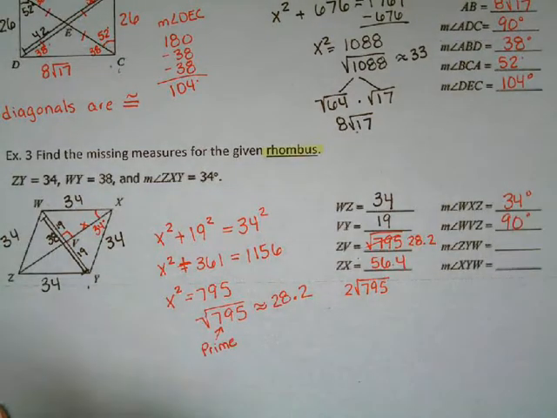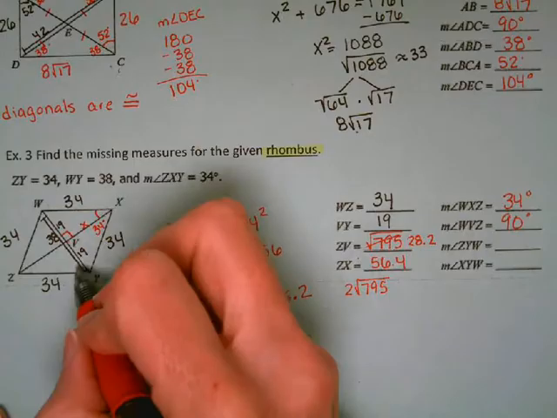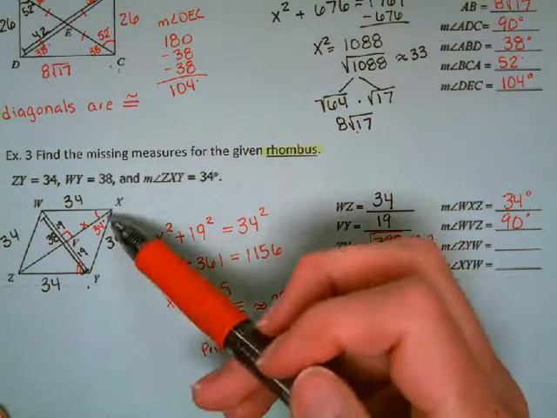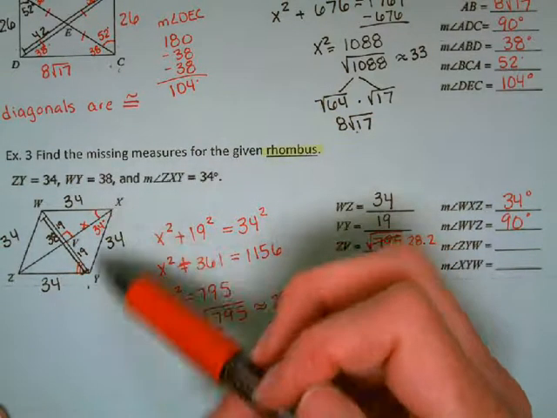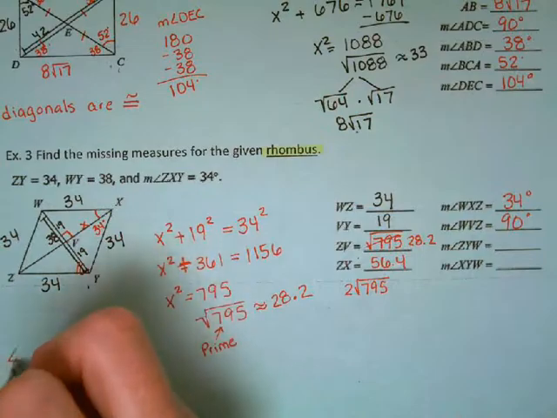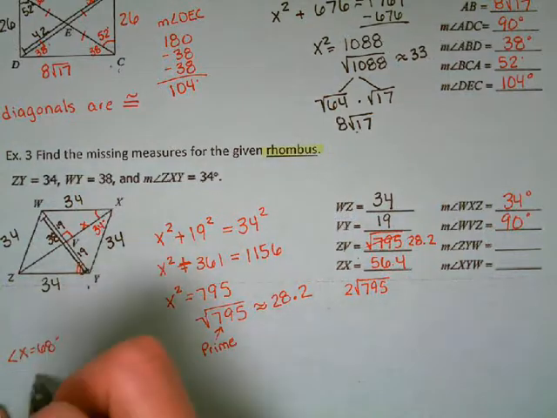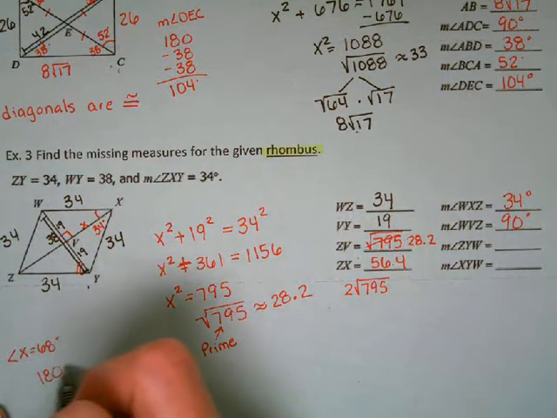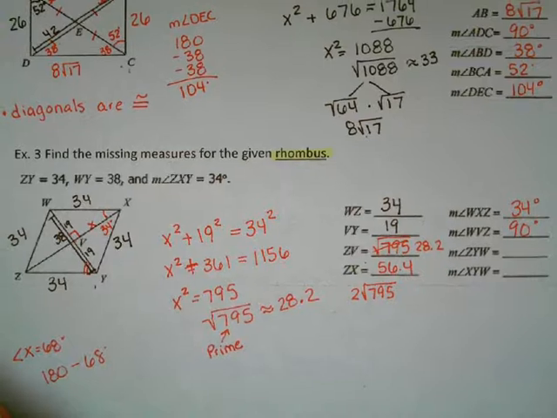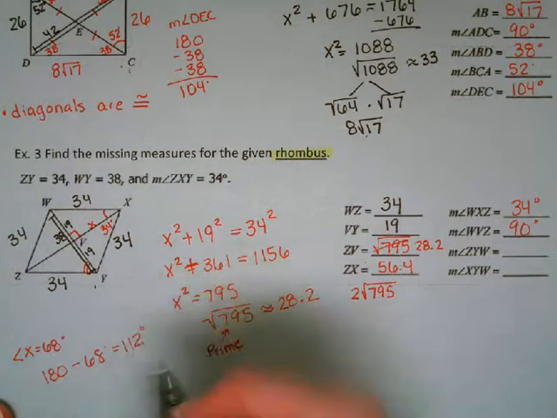ZYW, that's this angle down here. Okay, it's not going to be the same as these angles at X, okay? These are supplementary. So, if we know up here this total angle, the whole angle at X is 68 degrees, because we doubled that. If you take 180 minus 68, you get 112 is the whole angle for angle Y. And they're just wanting ZYW, half of that.